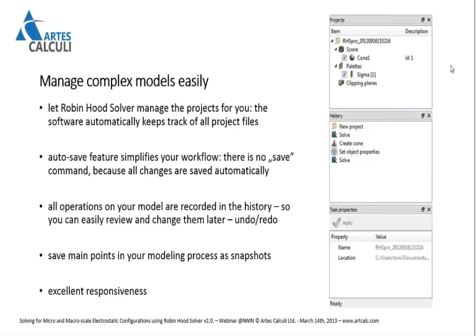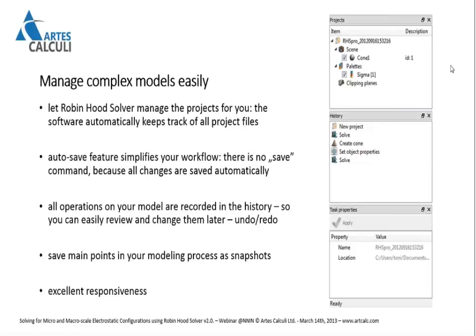Then you simply go back to that step in your work history, and you change the dimensions of the sphere to new dimensions. And Robin Hood Solver is able to execute not only the change, but also all subsequent performed operations automatically. So the whole model will be changed to reflect that single dimension change.